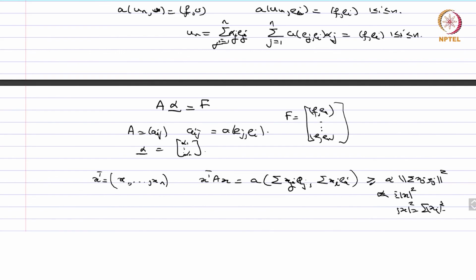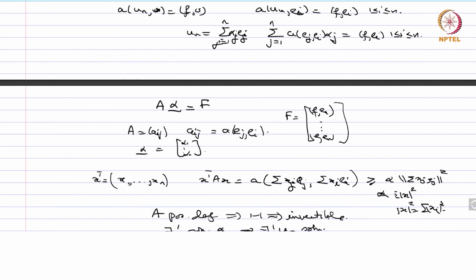Since the ei's are orthonormal, this matrix is positive definite, which implies one-one, which implies invertible, and therefore there exists a unique solution alpha, which implies there exists a unique solution Un.